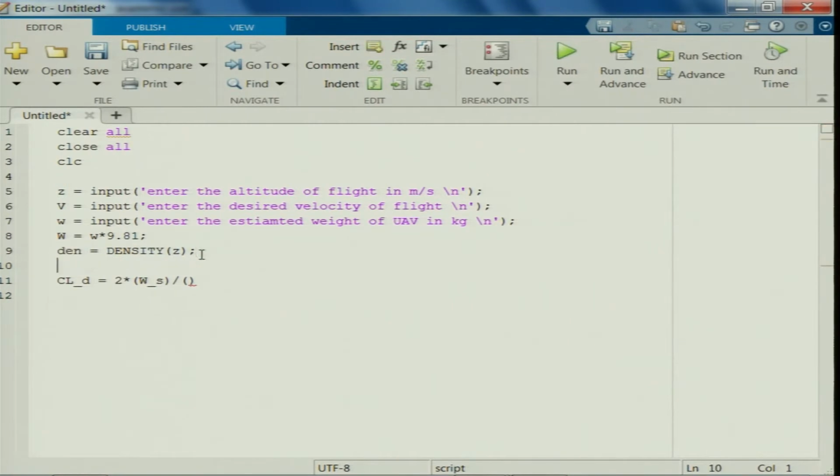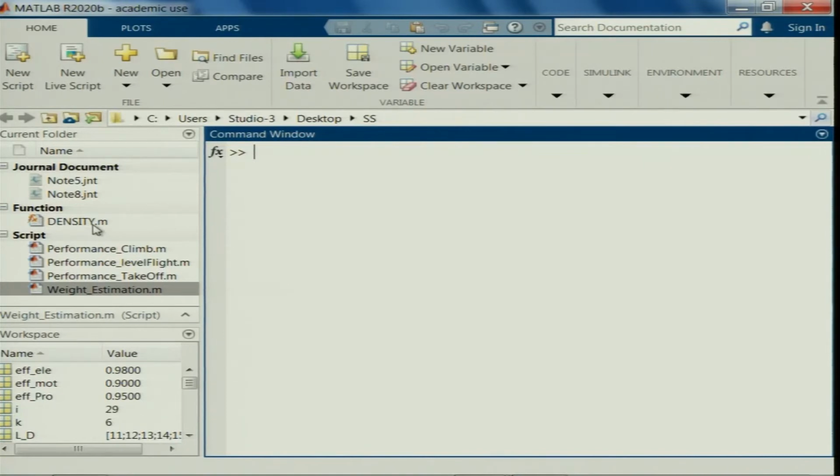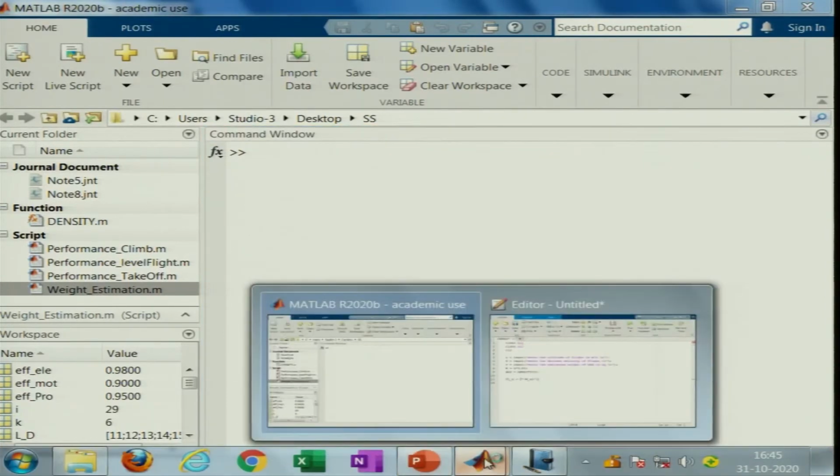Z is the altitude of flight we are considering. DENSITY is the function name, so I am calling that function.